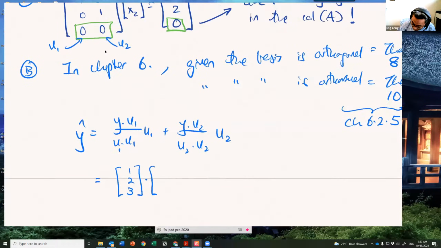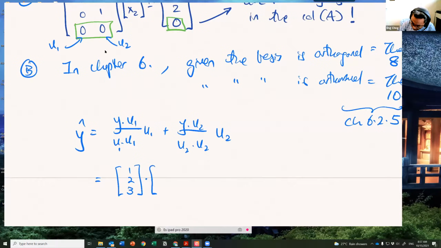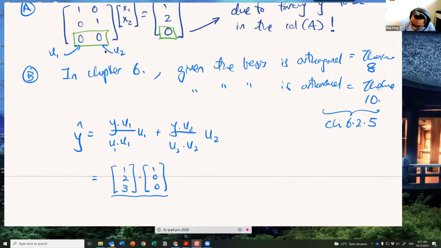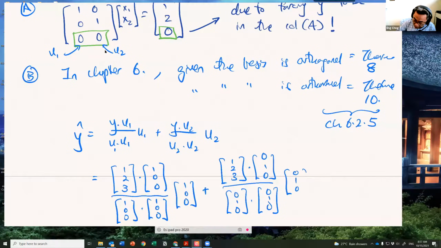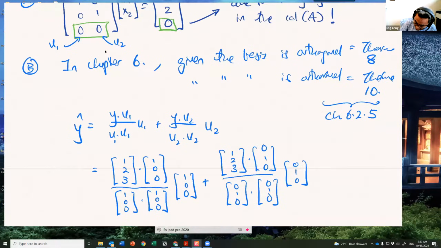Okay, U1 is 1, 0, 0, divided by 1, 0, 0 dotting with 1, 0, 0, times 1, 0, 0, plus, the second term is again 1, 2, 3 dotting with 0, 1, 0, divided by 0, 1, 0 dotting with 0, 1, 0, times 0, 1, 0. Okay, now it looks very complicated, but it's actually quite trivial.